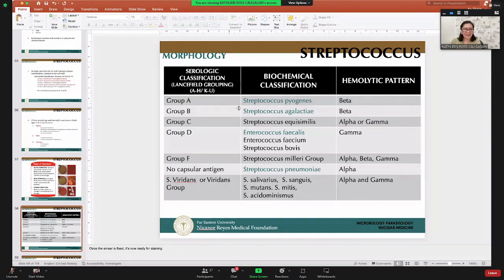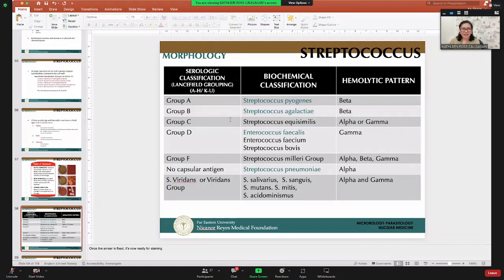Under group A, Lancefield classification with beta hemolysis, the most important species is Streptococcus pyogenes. This is also referred to as group A beta hemolytic strep. So Streptococcus pyogenes is synonymous to group A beta hemolytic strep, or GAS.